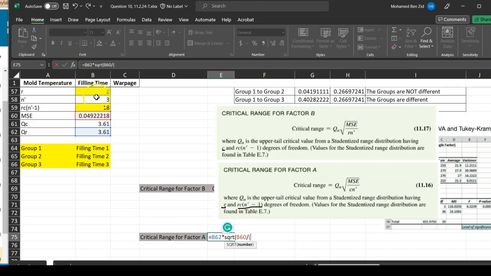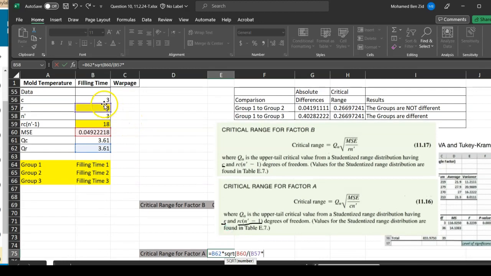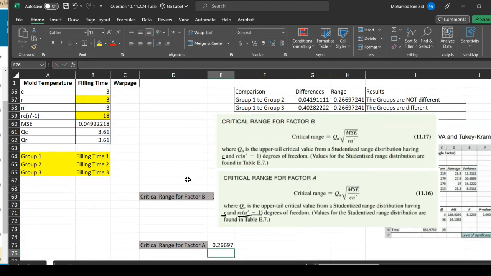So C is 3, actually here, that's C, and times n prime, that's the value, and close the parentheses twice, enter. And this is the value of the critical range.